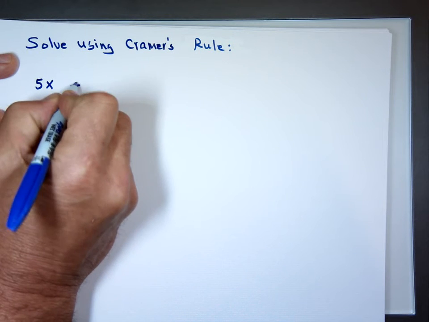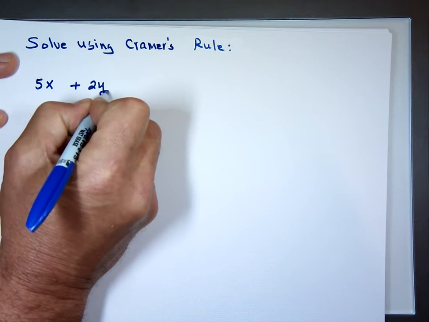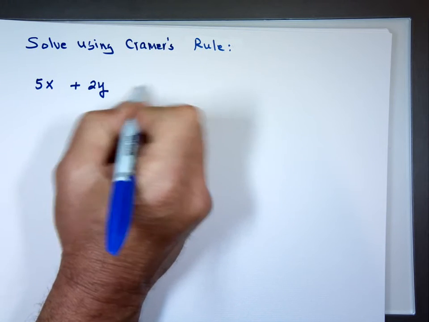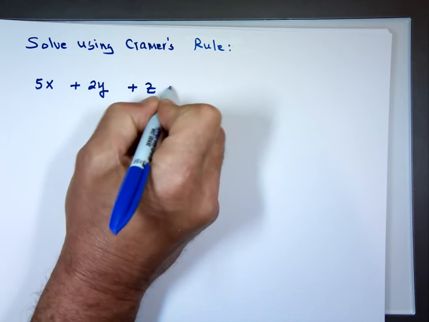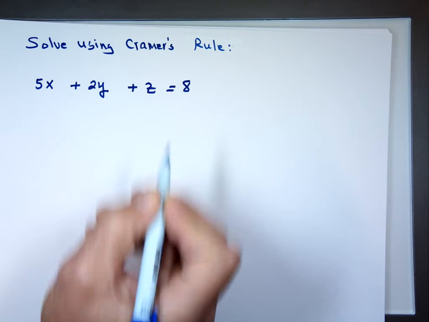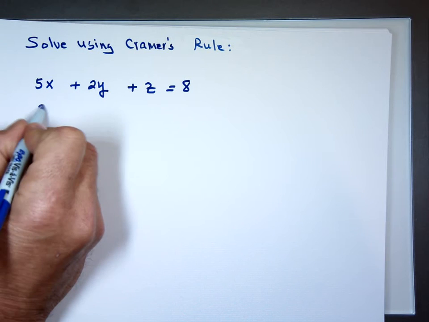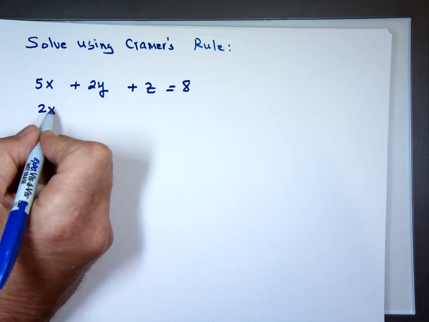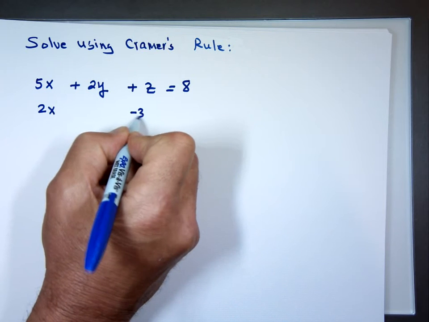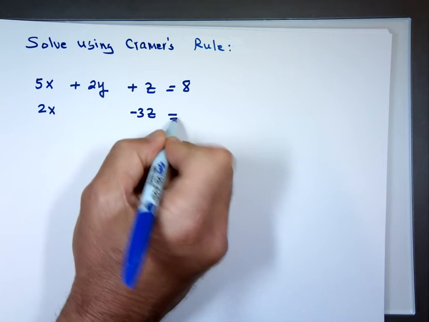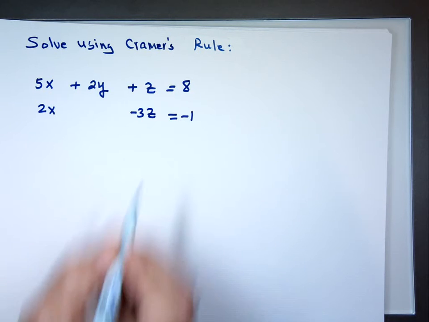5x plus 2y plus z equals 8. 2x minus 3z, there's no y here, equals negative 1.